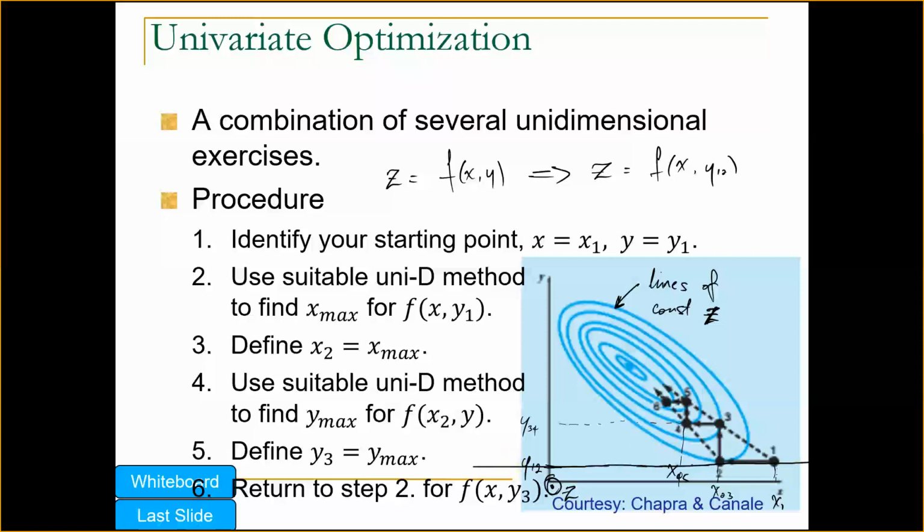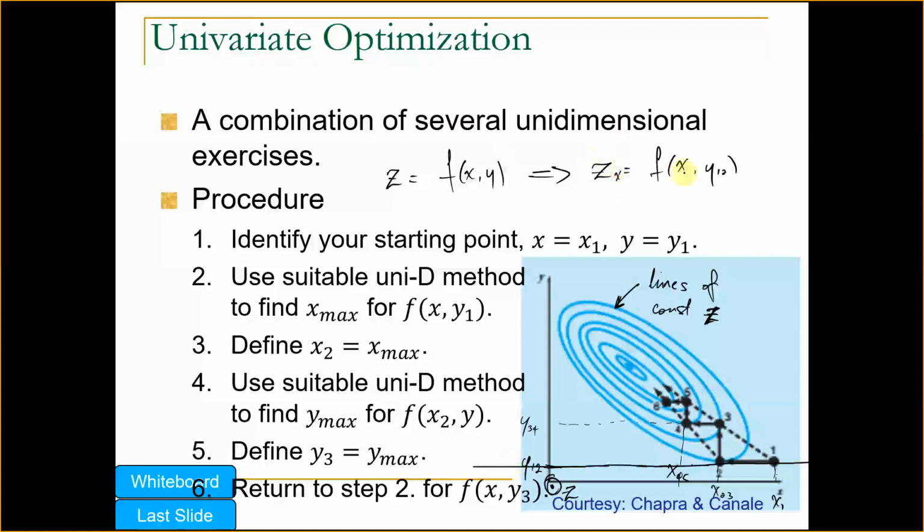Having found the maximum on that line, that is now your new starting point. Whatever the x is, you're going to make that x now a constant. The first one was the first iteration, so it's like iterations of iteration. The first set of iterations was for varying x's.